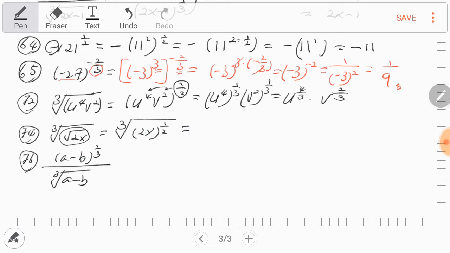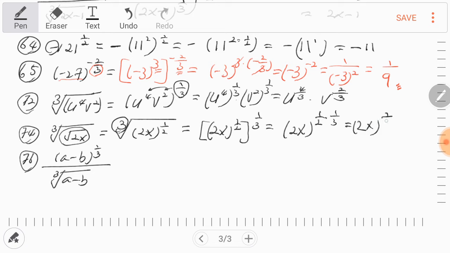And then raise the whole radicand to the what power? 1/3 power, because this index is 3. So take this whole thing to the 1/3 power. And then multiply the two exponents. 1/2 times 1/3. Then 2x to the what? 1/6 power.